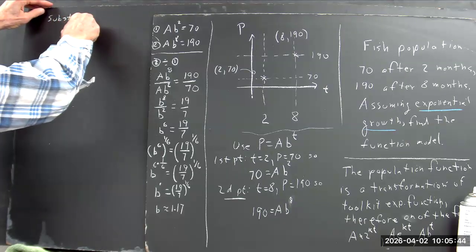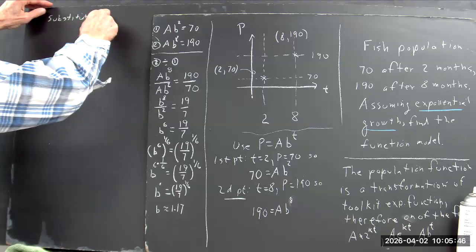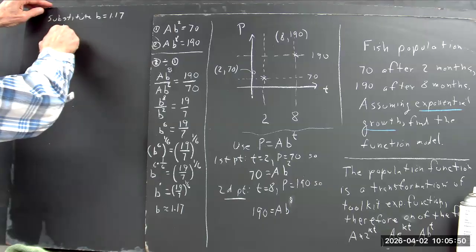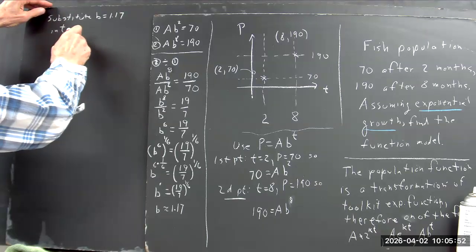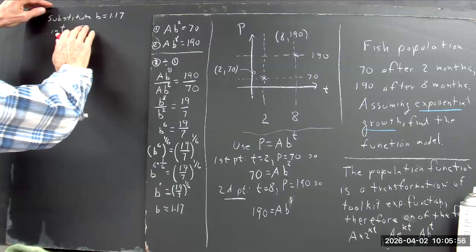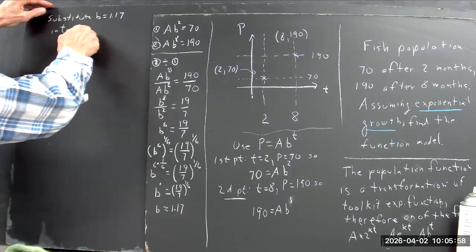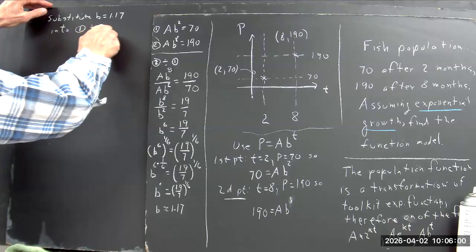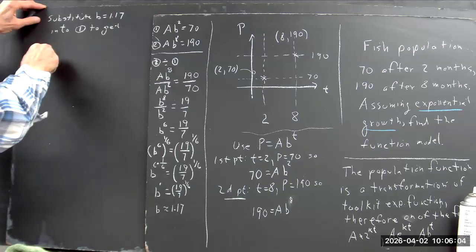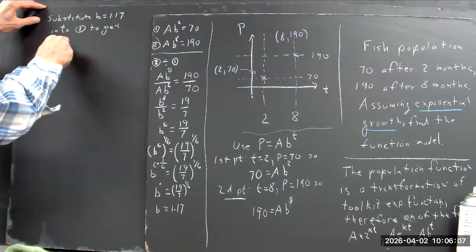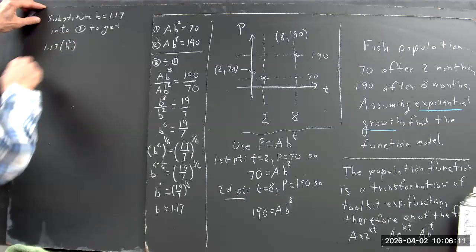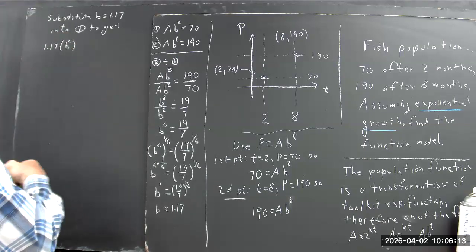We substitute b equals 1.17 into equation 1, sorry, to get 1.17 times b squared, never mind.